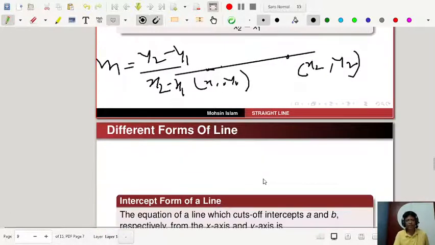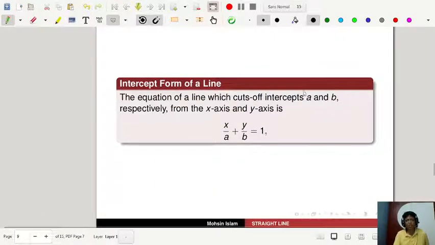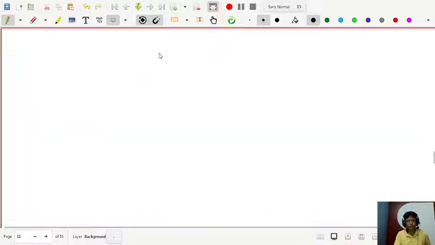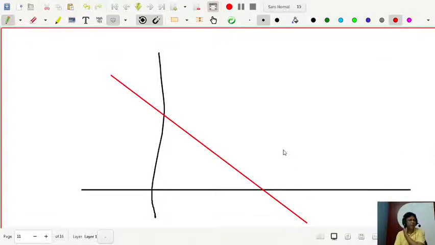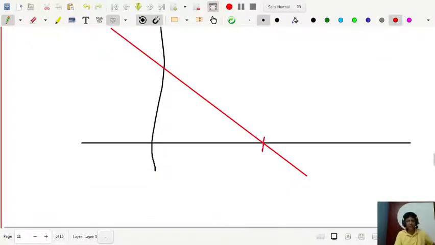Okay. Next, intercept form of a line. This is also very useful. If the equation of a line cuts off intercepts a and b from the x-axis and y-axis, then x by a plus y by b equal to 1. Suppose this is the straight line. The red line cuts the x-axis at a comma 0 and the y-axis at 0 comma b.